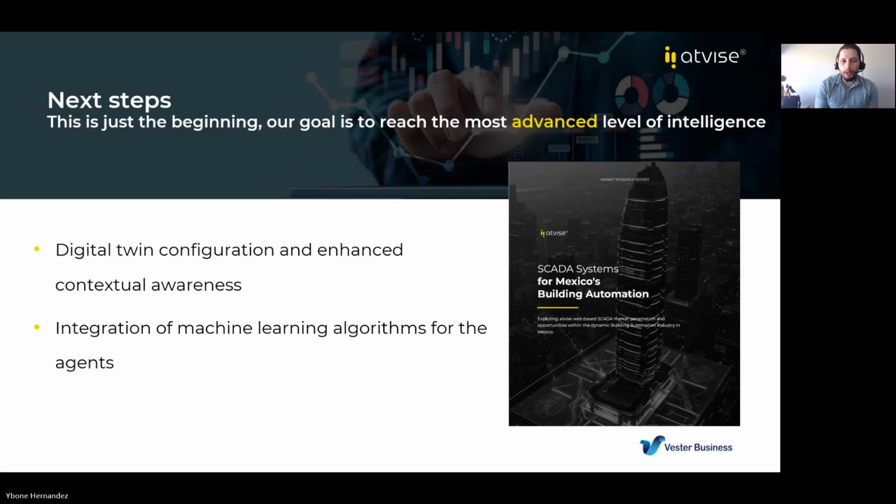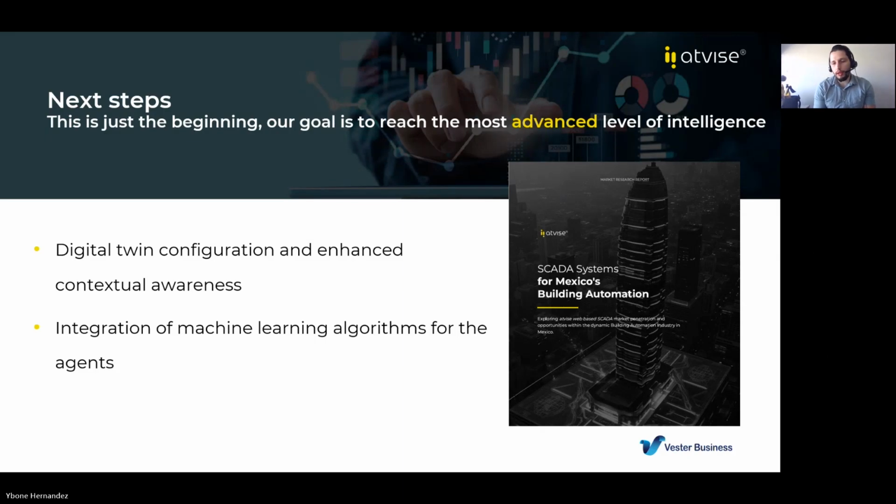The next would be digital twins, so that we provide even more information to the AI agent and the AI analyst. And the best way to provide information of the context is providing the physical tools in order to calculate scenarios, and that's through the digital twin configuration, and that's what's coming in the next webinar. Probably you will see this. And integrated machine learning algorithms in the agents.